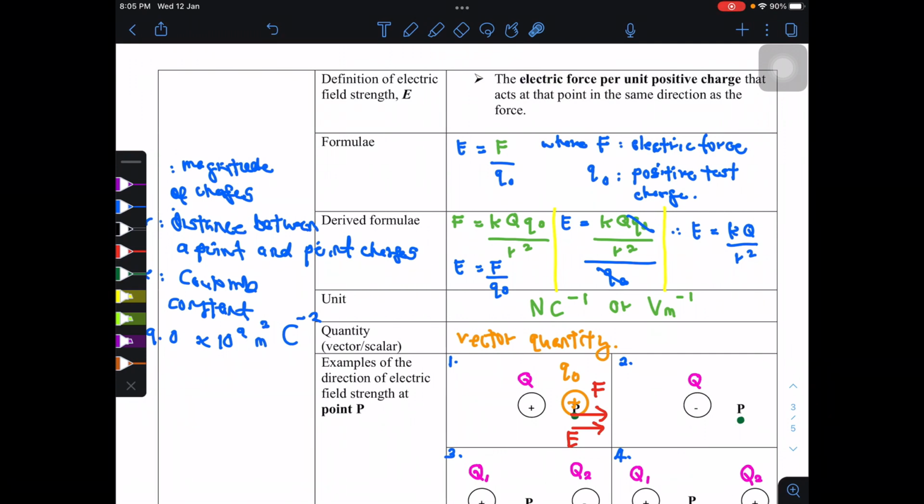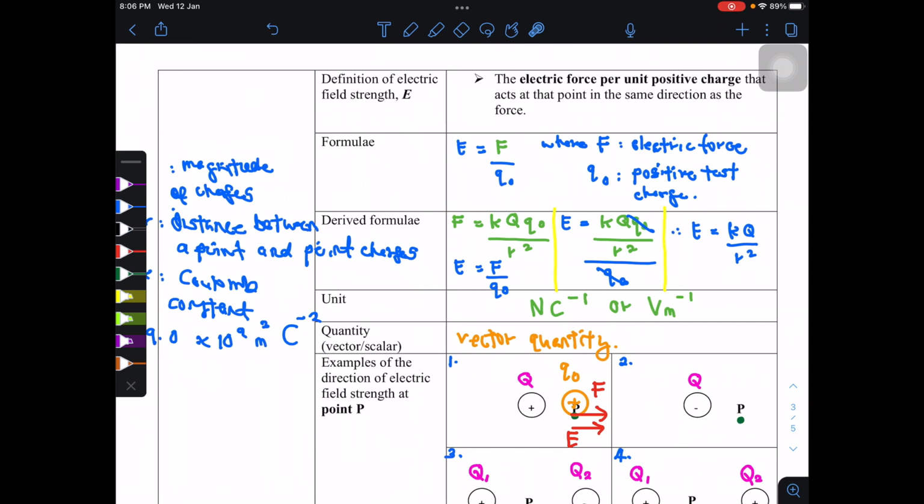Okay class, so we can refer back to the definition of electric field strength E, the electric force per unit positive charge that acts at that point in the same direction as the force. Actually, here I want you to add some additional information.